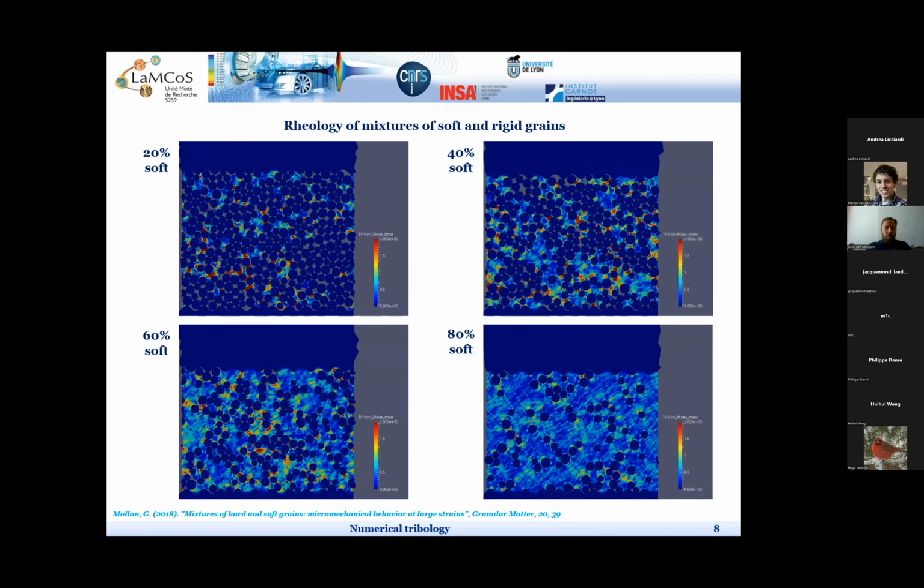So what we are trying to simulate here is the progressive ingestion of mineral grains from the road inside the degraded layer of the surface of a tire, and eventually this will lead to an evolution of the mechanical properties of this layer and probably its degradation and the emission of wear.